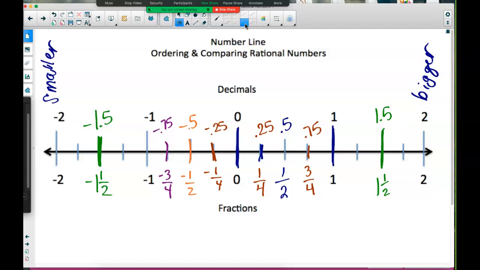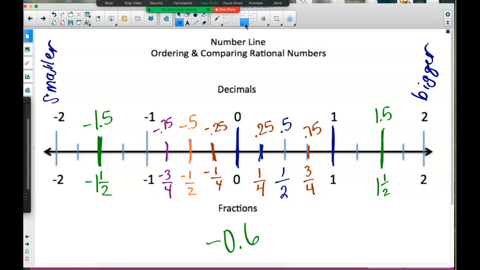Okay, so where do you think on this number line I would put the decimal negative 0.6? Between which two that I already have up there? Where should I put negative 0.6? Jada? To the left.